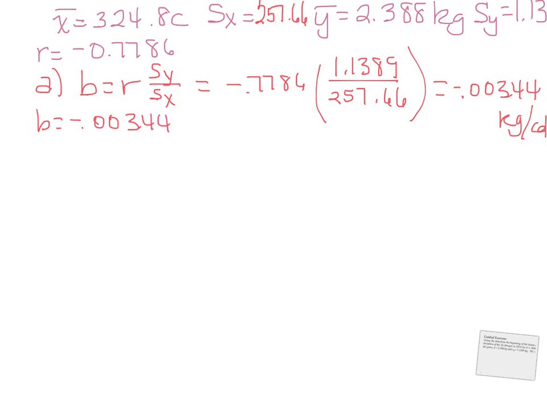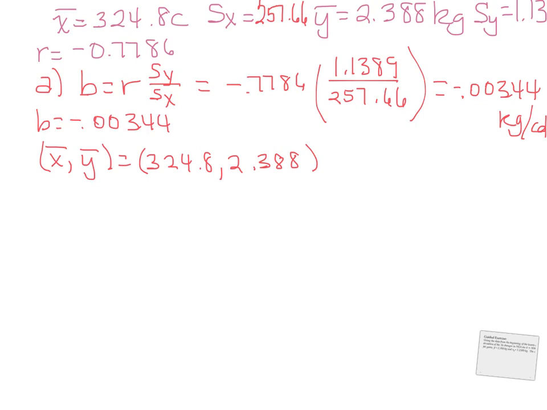And now we're going to find the other part. So remember, x bar and y bar are 324.8 and 2.388. Man, I got like crazy. Oh, yeah. I know what I was doing. I was not writing down the right numbers.